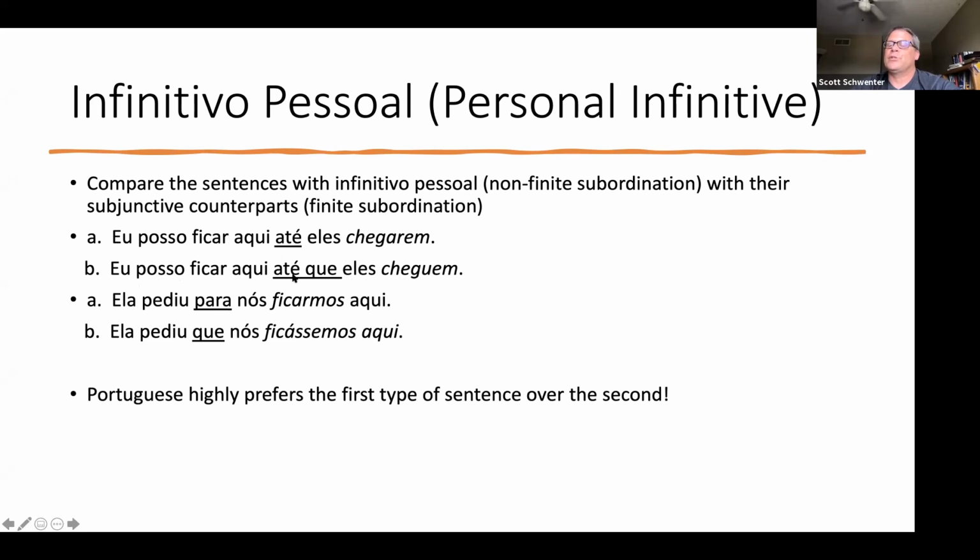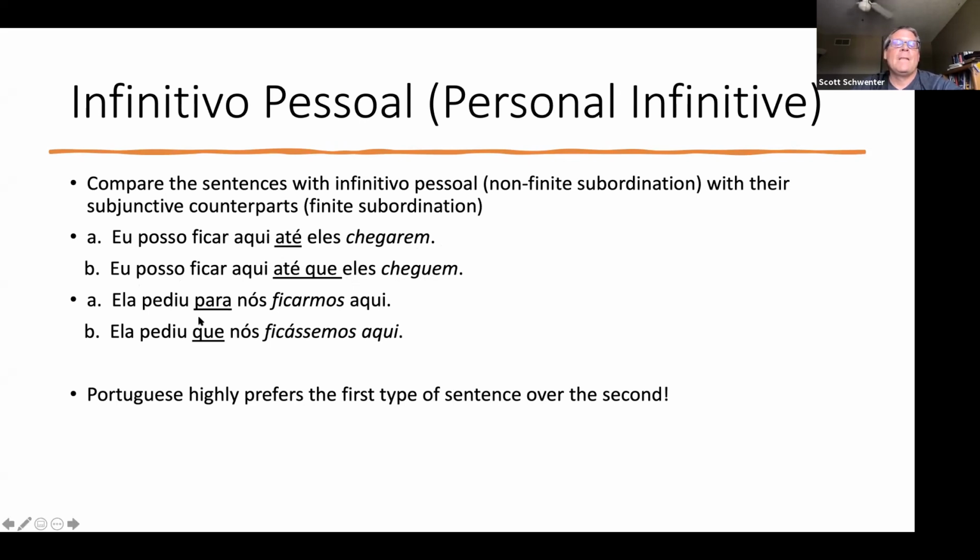This is what Spanish would do, right? Puedo quedarme aquí hasta que lleguen, right? In Spanish. And it's possible to do that in Portuguese, right? Here's the sentence. But it's much more preferred to say the version in A with the infinitive.